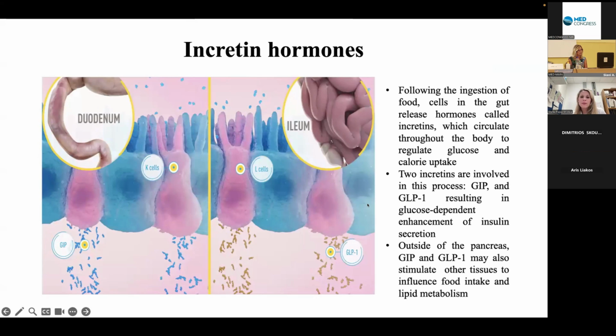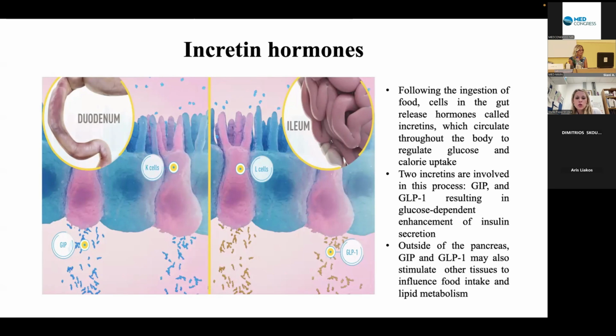Introduction about pathophysiology. Following the ingestion of food, cells in the gut release hormones called incretins, which circulate throughout the body in order to regulate glucose and calorie uptake. Two incretins are involved in this process, GIP and GLP-1.